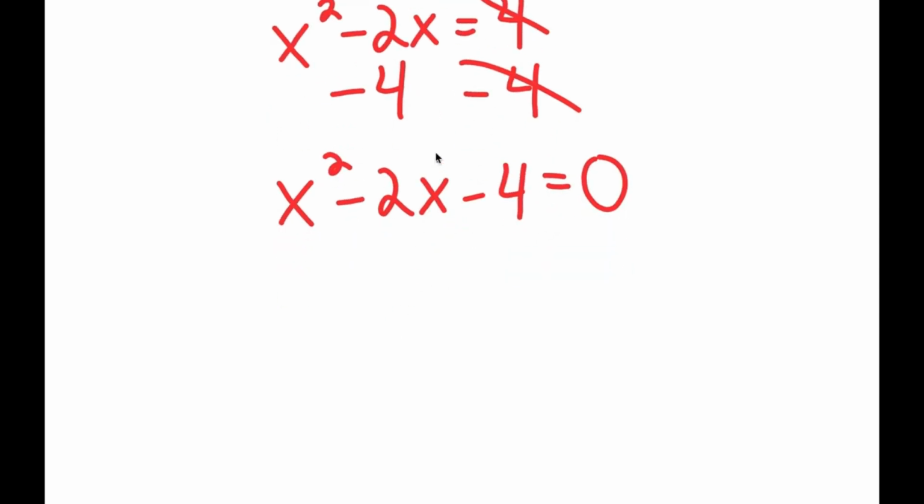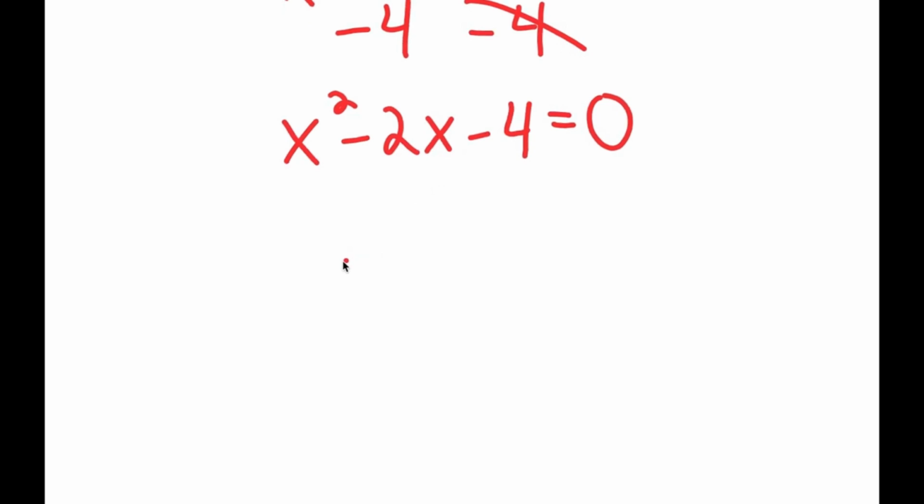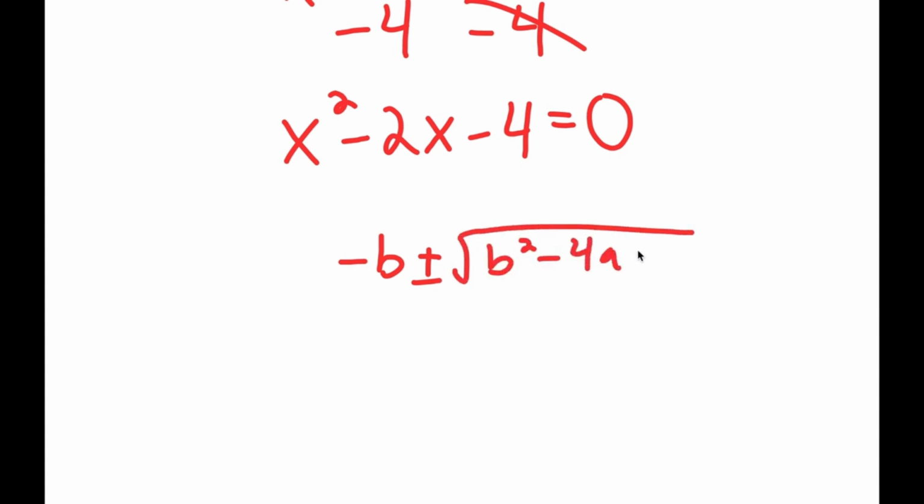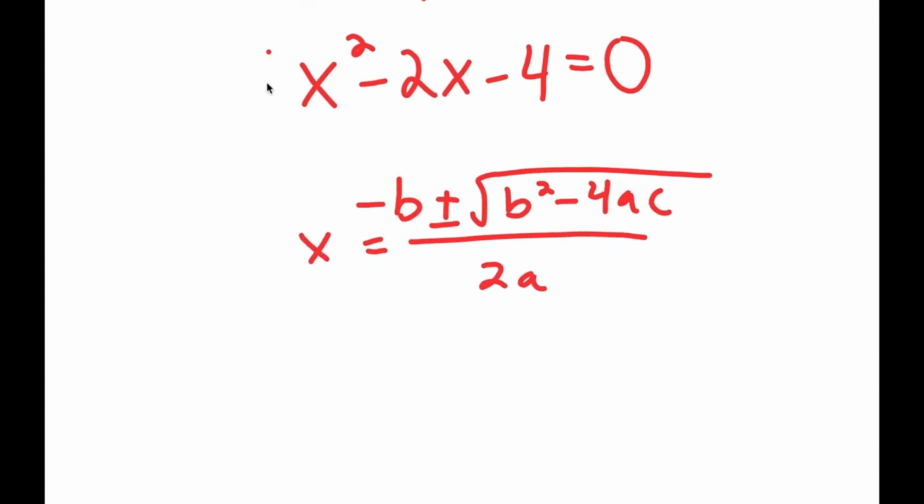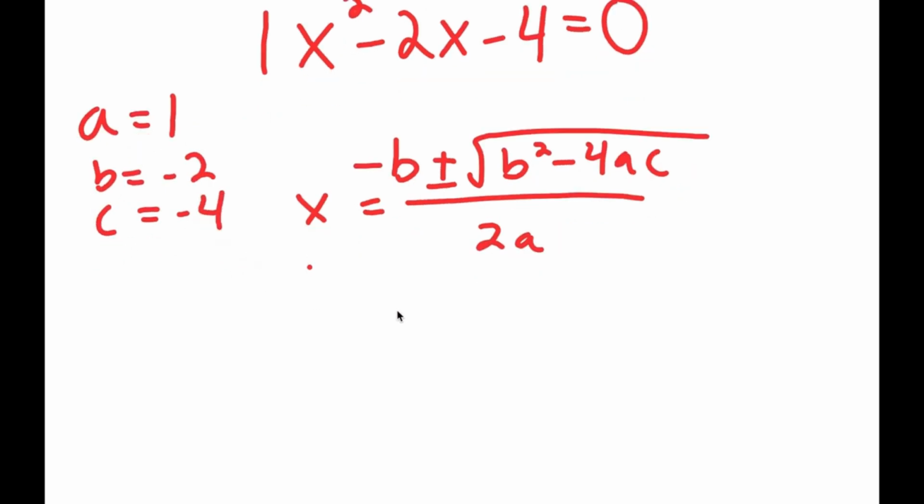Now from here, to solve this, I'm going to use the quadratic formula, which is negative b plus or minus the square root of b squared minus 4ac all over 2a. So in this case, a is equal to 1, b is equal to negative 2, and c is equal to negative 4.